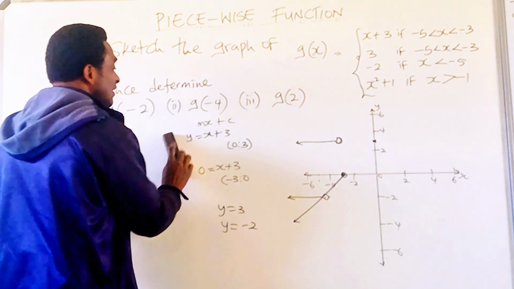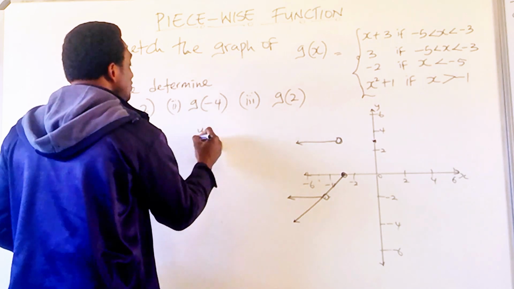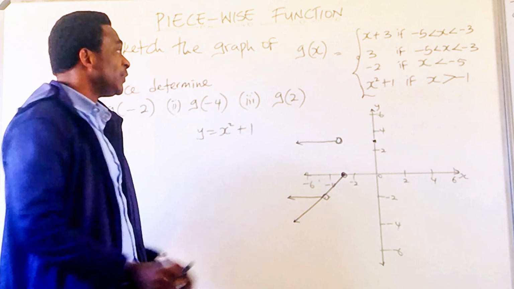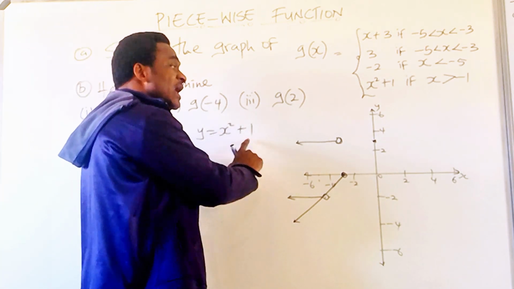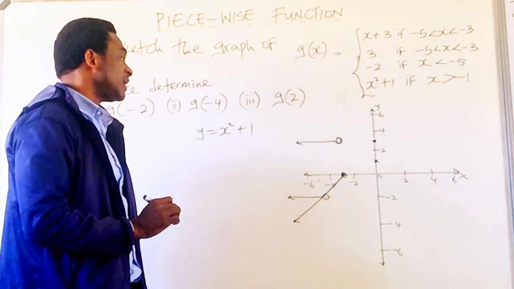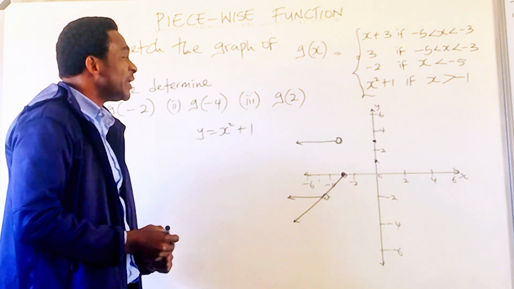The last graph here, we have y is equal to x squared plus 1, which is a parabolic function. Plus 1 means the turning point, and the y-intercept is at the same place if we don't have a p. It's at 1. So we have a parabolic graph.